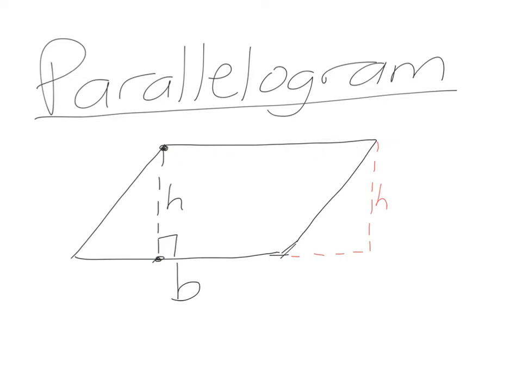And we know from before the area of a rectangle is length times width, or in this case the length is the base, and the width is the height. So the area is base times height.